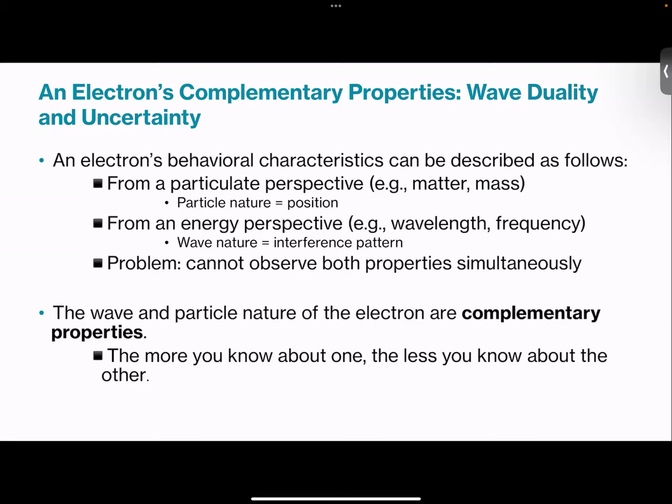That's because they are complementary partners. But they can't be measured at the same time. This led to what is known as the Heisenberg uncertainty principle, which literally states you can't know the mass and the velocity of an electron at the same time.